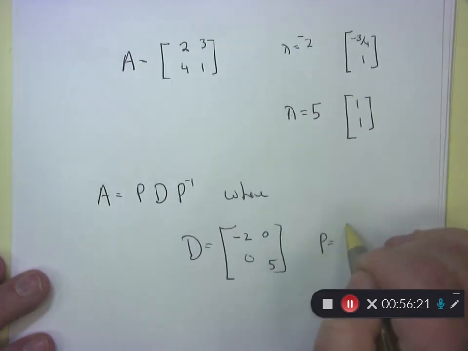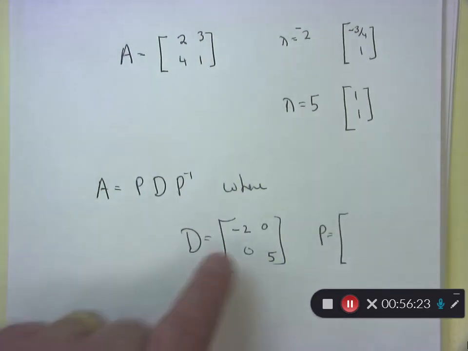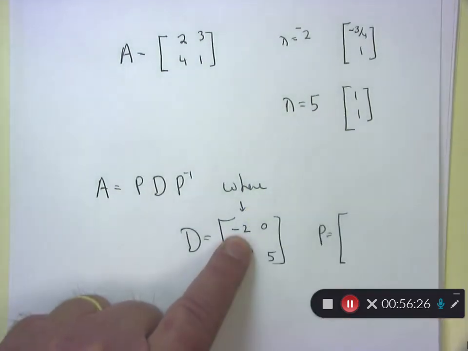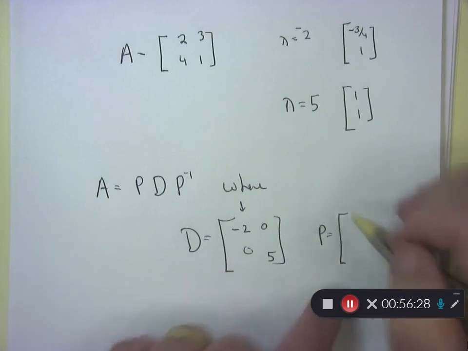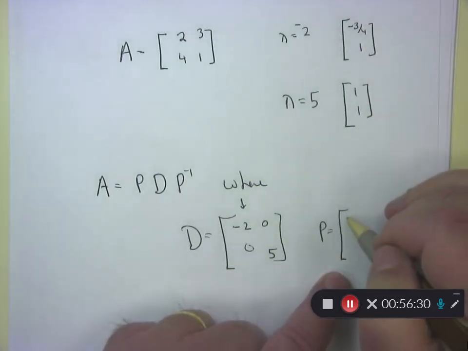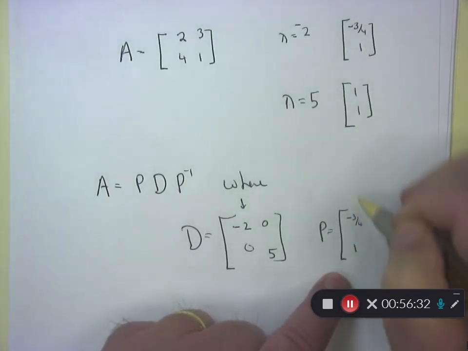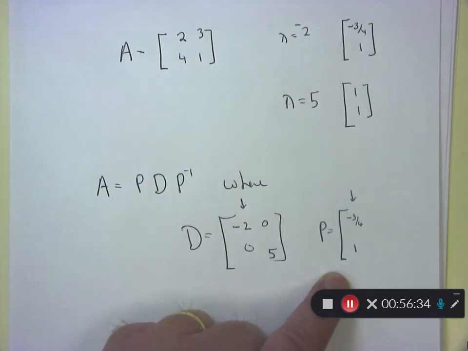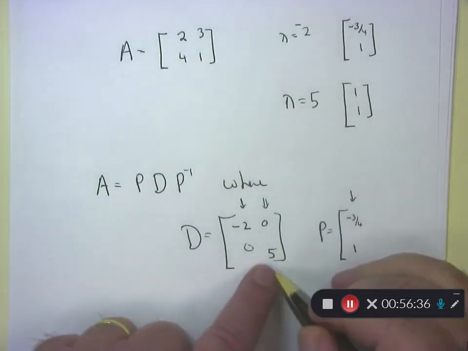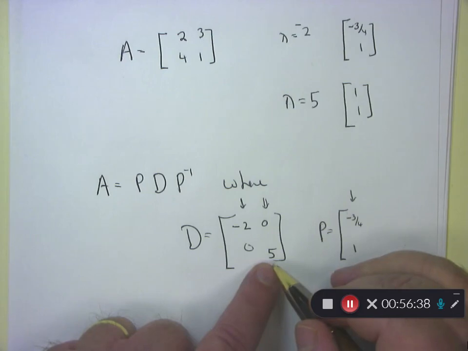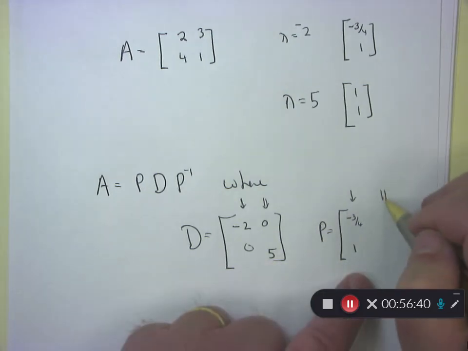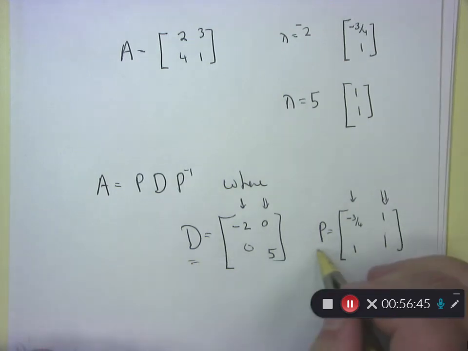So who would P be equal to? You see negative 2 is in the first column. So you're going to put its eigenvector, negative 3/4, 1, in the first column. And then 5, the eigenvalue, is in the second column. So I'm going to put in the second column the eigenvector 1, 1.